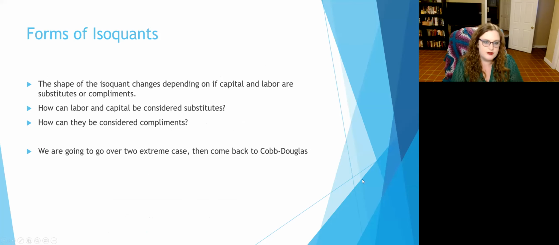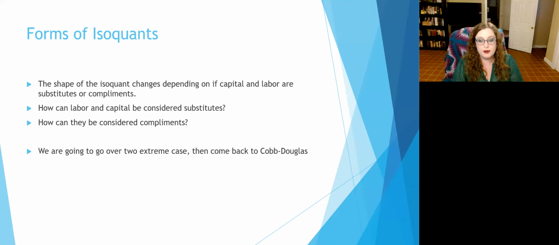So we have different forms of isoquants where they just have these different shapes. Do they look more like an L, or are they more of a flat curve? This depends on if capital and labor are substitutes or complements. If capital and labor are considered substitutes, I can use one or the other to make a good, then it's going to be a flat line.